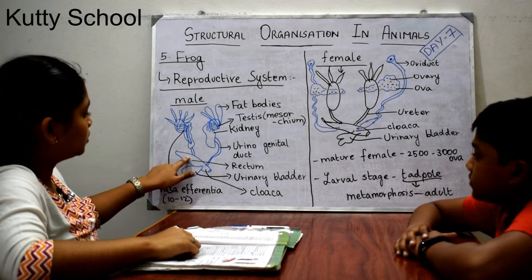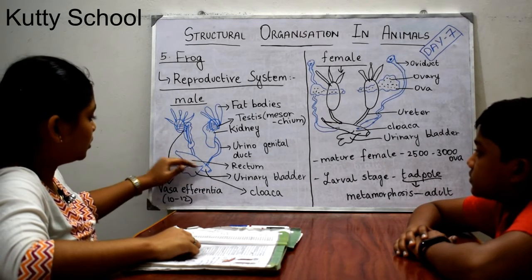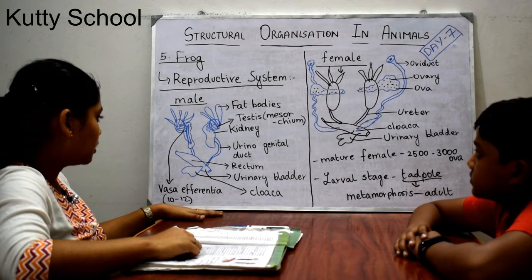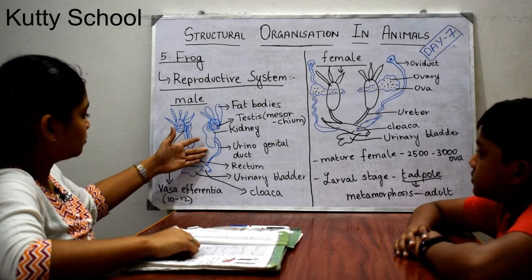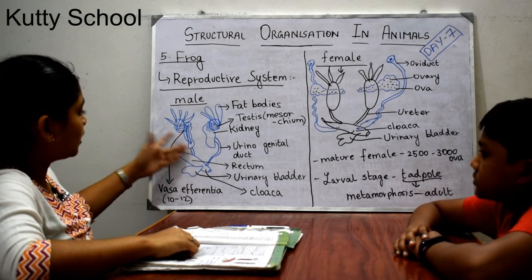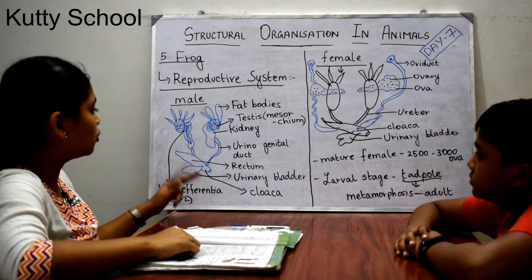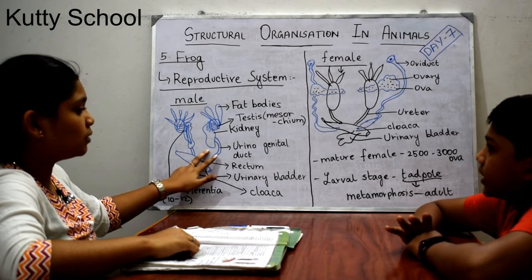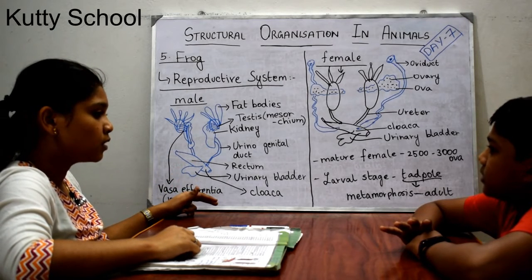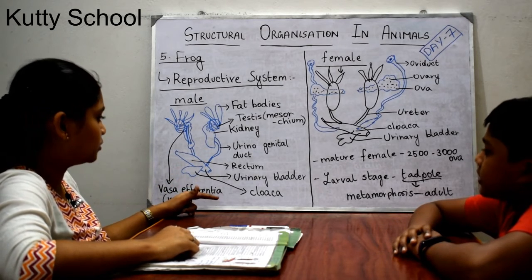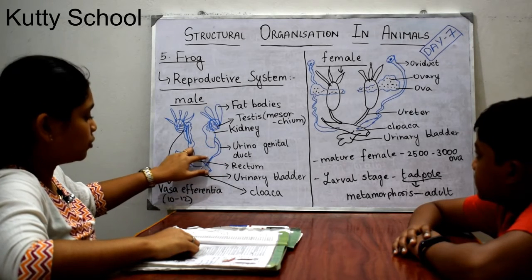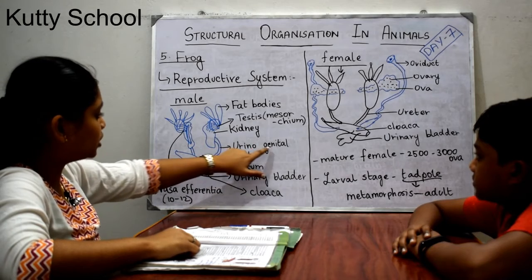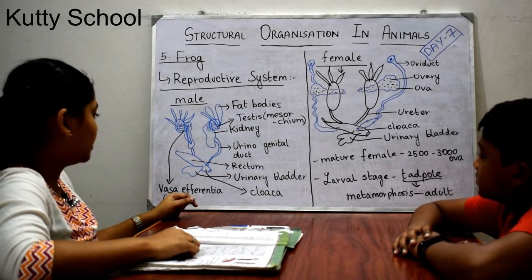So this is the pathway of the male reproductive system. Urine is also released by the kidneys to the ureters and the urinogenital duct, and passed through the cloaca. So both urine and gametes are passed through the same duct, known as the urinogenital duct, in males alone.